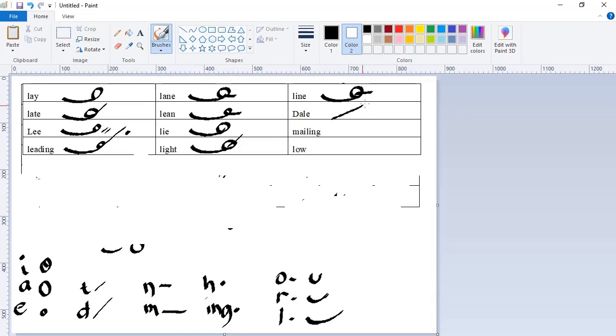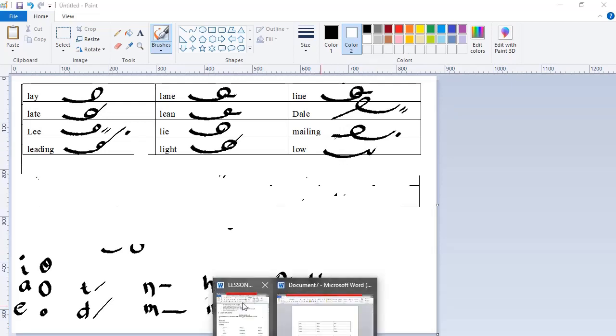We have D, we have A, we have L, and then capital symbol. Mailing. M, A, L, and then ing. Low. We have L, and then O. Okay, so that's it for the words with the sound of ORL and yung strokes din ng ORL.